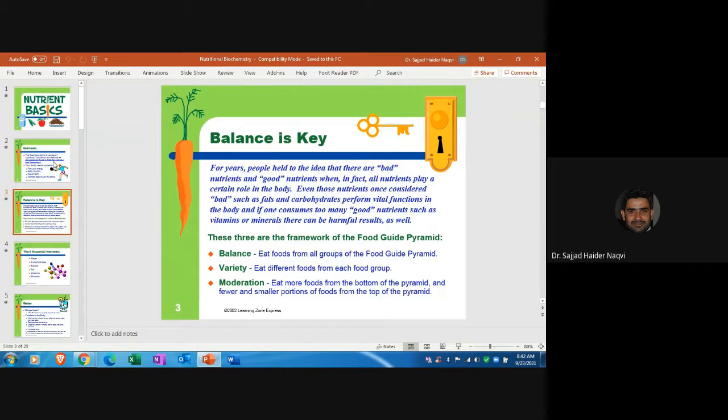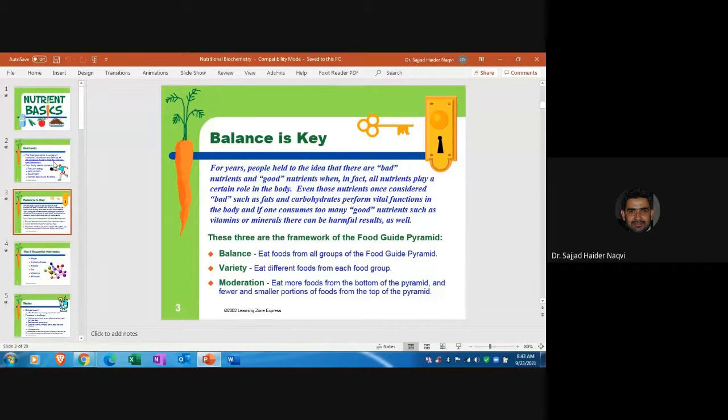So there is no such thing as bad nutrients or good nutrients. It's about balance. You need each and every component of your nutrients in a balanced way. So we don't say that it's a bad nutrient or a good nutrient. Rather, we say how balanced these nutrients are in your food.